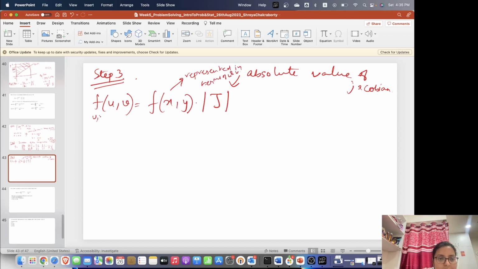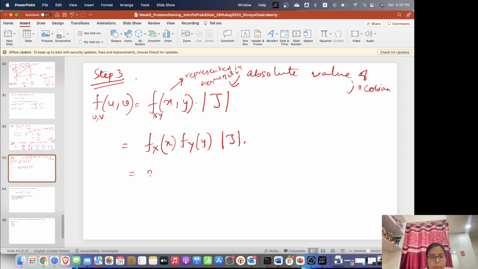So I can write it as f(u,v) equal to f(x,y), and these x and y should be written involving u and v. So here we had f(x,y) was independent, no? So we had f(x) into f(y) into Jacobian.